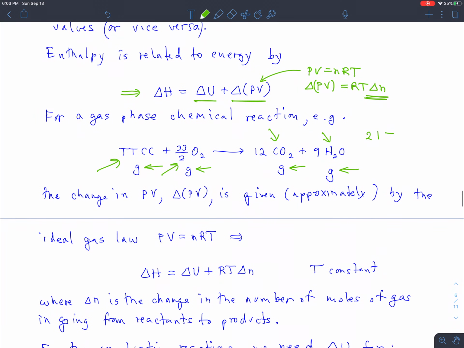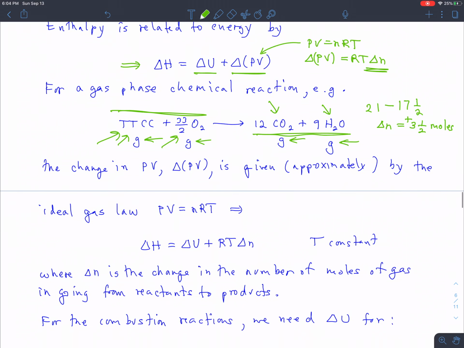That's 16 and a half moles of O2. Actually, 17 and a half if TTCC is also a gas. And so delta N for this reaction would be, what, 3.5? Actually, it would be plus 3.5, right? Because there's more moles of gas on the product side than there is on the reactant side.